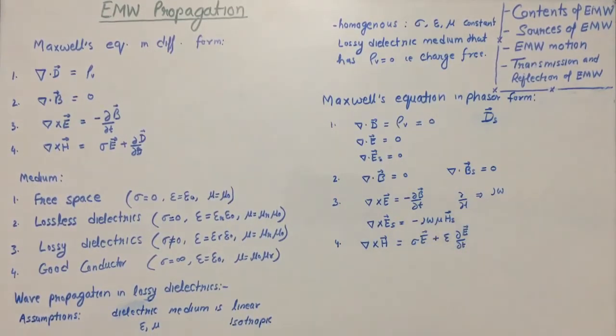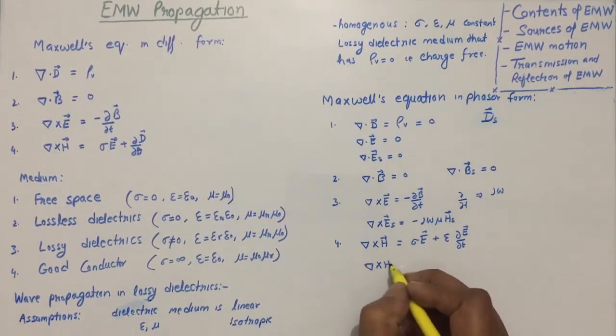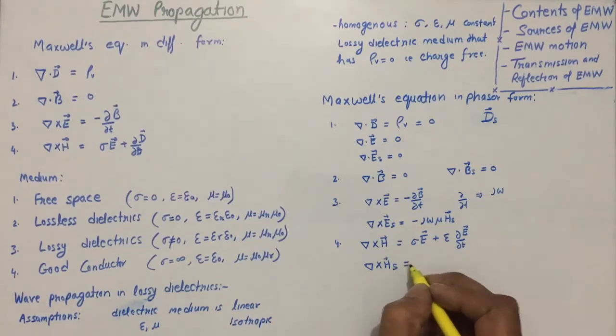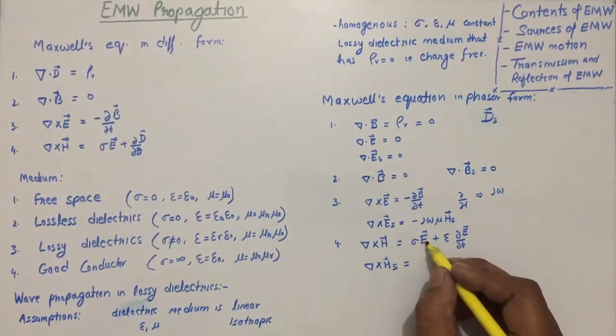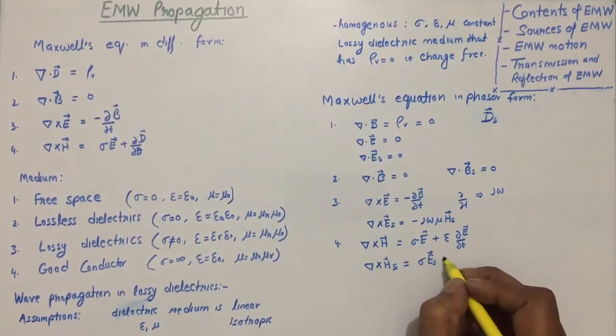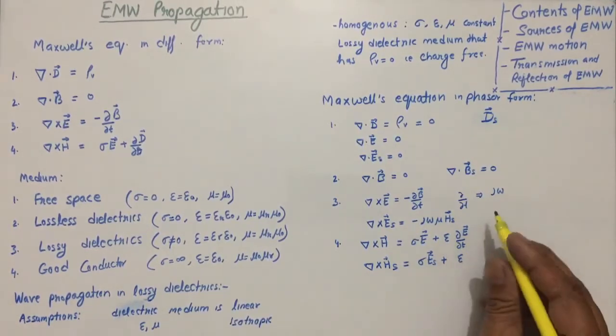Now in Maxwell's phasor form, this equation can be written as curl of Hs is equal to sigma Es plus epsilon remains as it is.